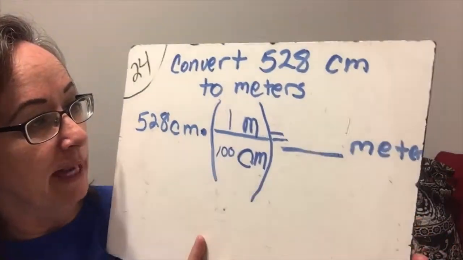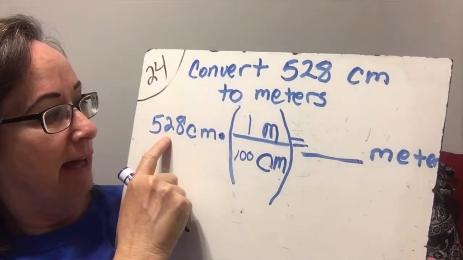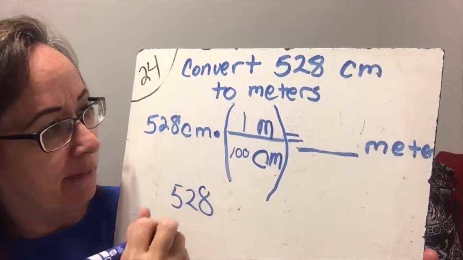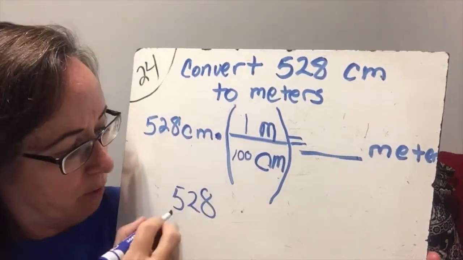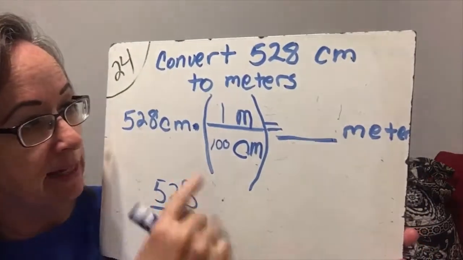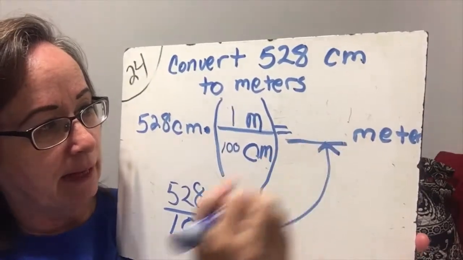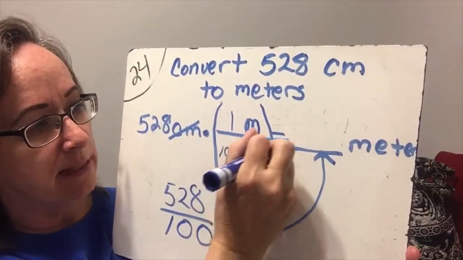Okay, so now we can see what we need to do. We need to take 528, and then we're going to divide, because the 100's on the bottom, we're going to divide by 100 to get the value that we want right here. Then we're going to cancel the centimeters.